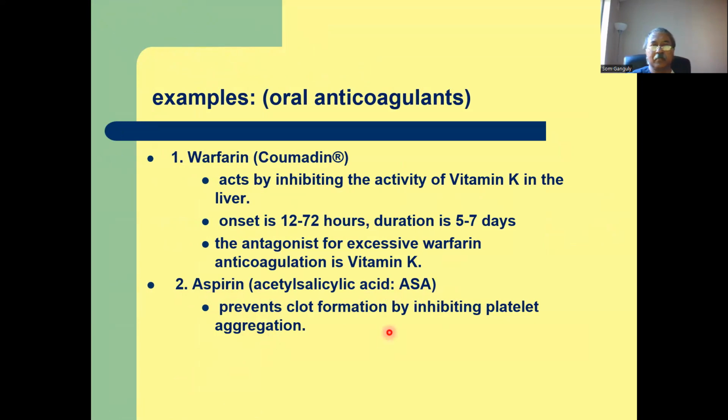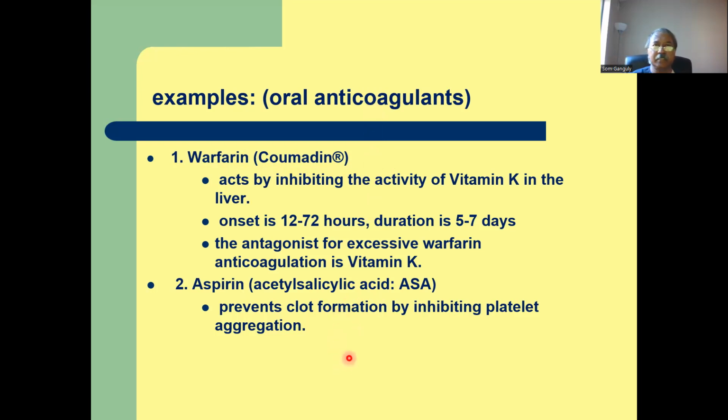Aspirin, once taken, can prevent clot formation. And a stronger medicine is warfarin or Coumadin. This works very efficiently also. It is a very strong medicine. Those two are taken by mouth.